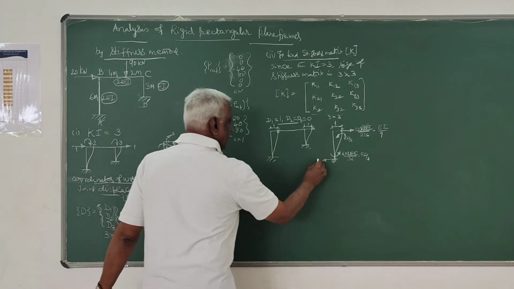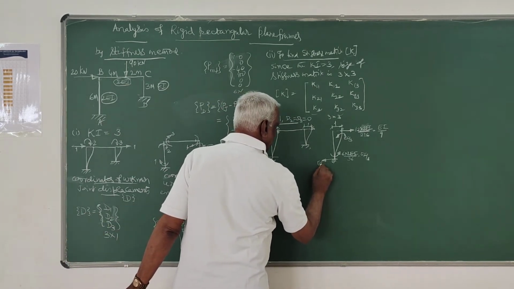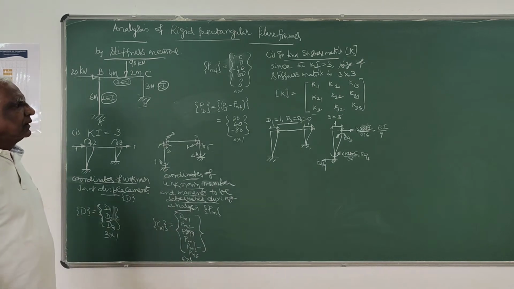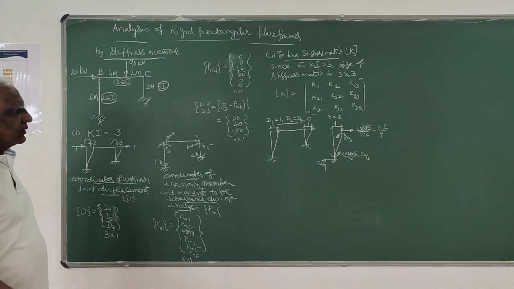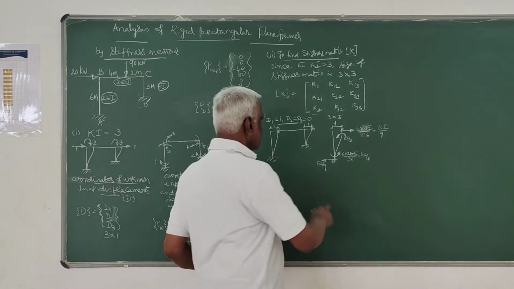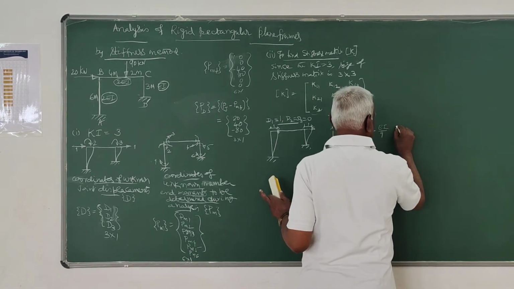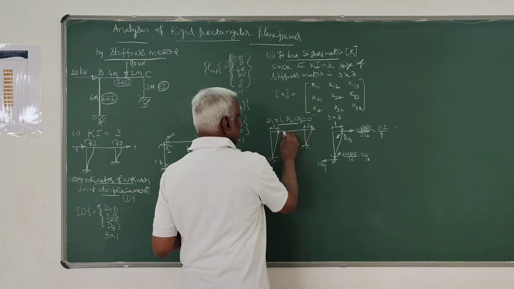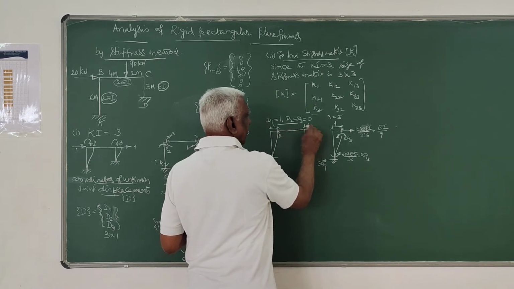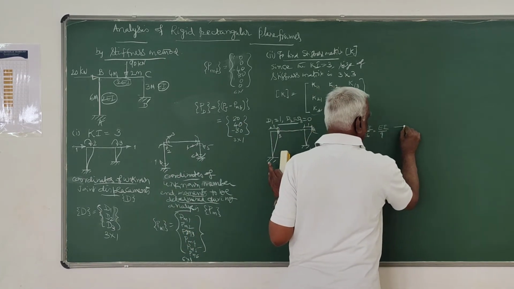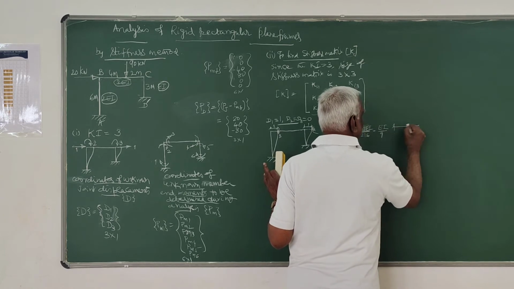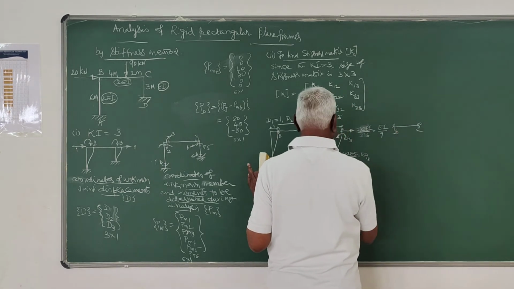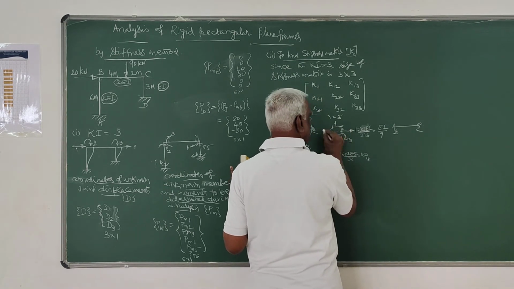And this force is also EI by 9. Now this is perfectly in equilibrium. So you have to mark the forces. That's the only change. AB has moved like this, and BC has not undergone any displacement. It was like that itself. This is BC. It has not altered.